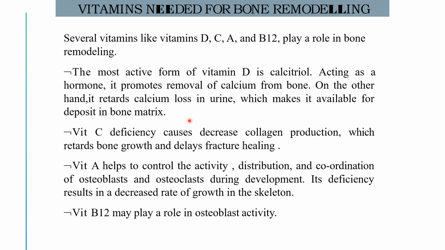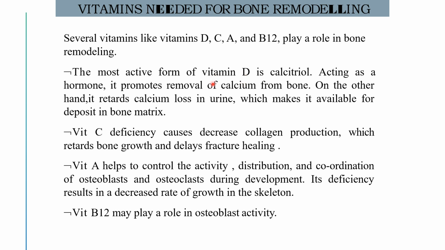Vitamin C deficiency causes decreased collagen production, which retards bone growth and delays fracture healing. Vitamin A helps to control the activity, distribution, and coordination of osteoblasts and osteoclasts during development. Its deficiency results in a decreased rate of growth in the skeleton. Vitamin B12 plays a role in osteoblast activity.